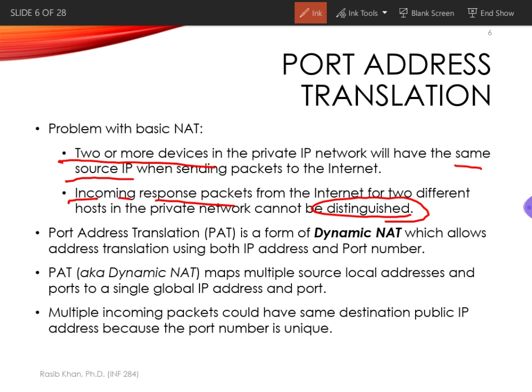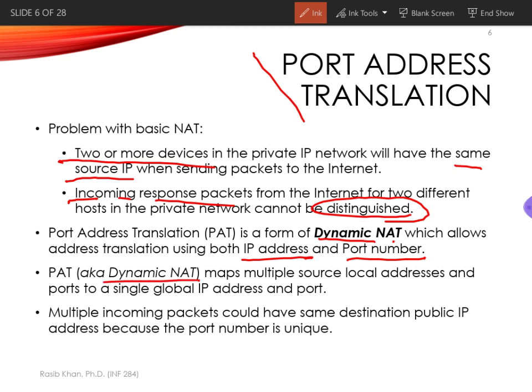To solve this problem, we have the concept of port address translation. It's also called dynamic NAT, and the reason we call it dynamic is that it uses both IP addresses and port numbers together for incoming and outgoing packets so that it can identify the separate hosts on the private side which are trying to reach out into the public internet.